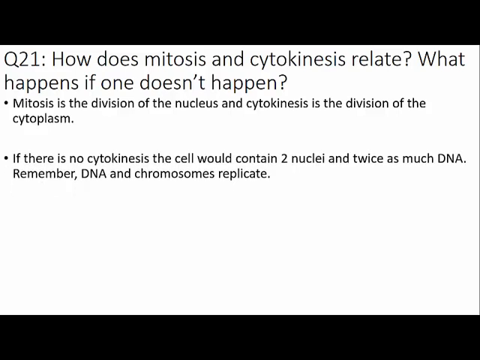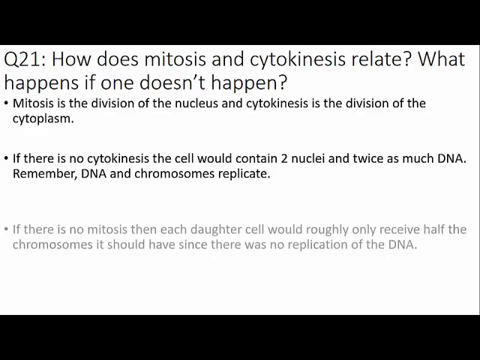Now, if there is no cytokinesis at all, the cell would contain two nuclei and twice as much DNA, because remember, the DNA and chromosomes replicate. So you're going to have one cell with two nuclei and twice as much DNA. That's not going to benefit any cells at all, because the whole point of replicating DNA and chromosomes is so the cells can continue to divide and the organism can grow.